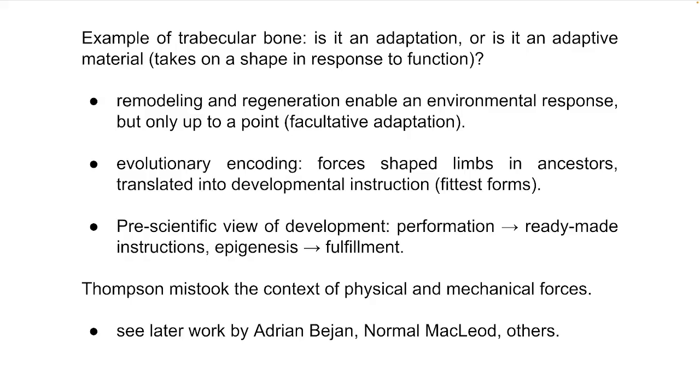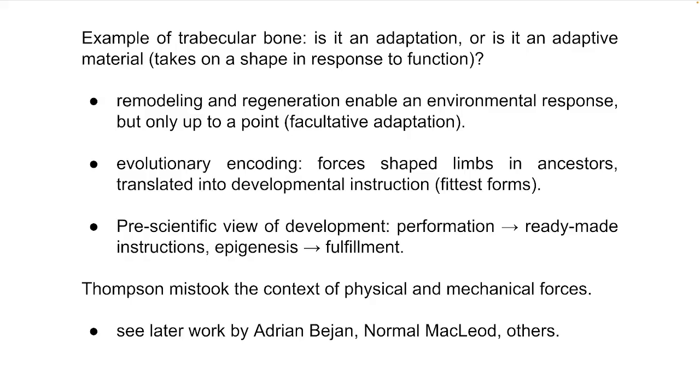So in his example, the remodeling and regeneration of trabecular bone enable an environmental response, but of course this is only up to a point, and this is something that today we call facultative adaptation, which is where you have an adaptation that's a response to your interactions with the environment, and you can develop these facultative adaptations, and they look very much like evolutionary adaptations, but they're not.